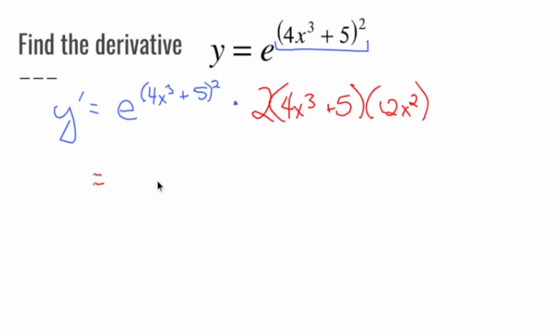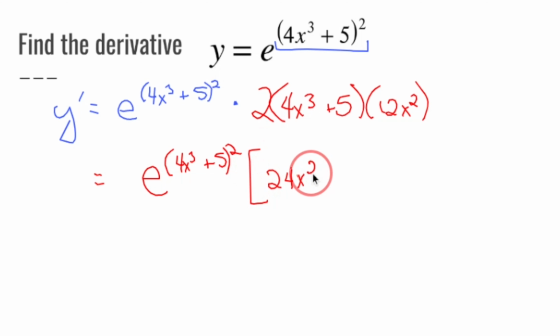So to clean this all up, I have e to the 4x cubed plus 5, all of which is squared. I'm going to take that 12x squared, multiply it to 2 here, make it 24x squared times 4x cubed plus 5, close it, bracket it, although those brackets aren't necessary.